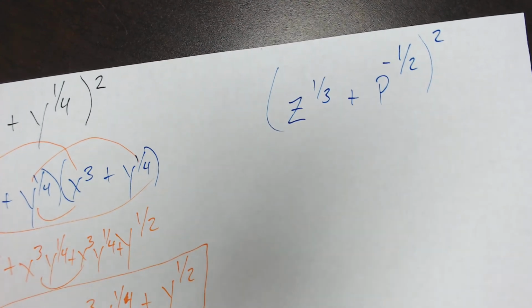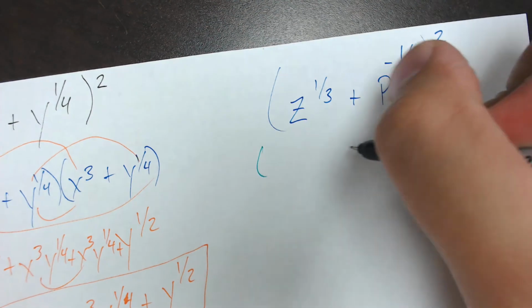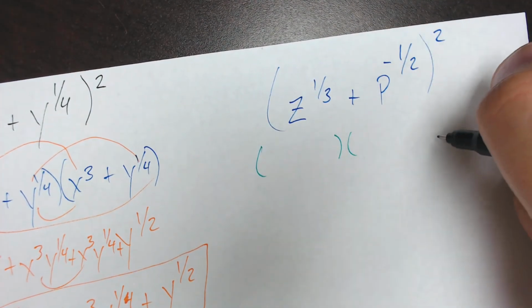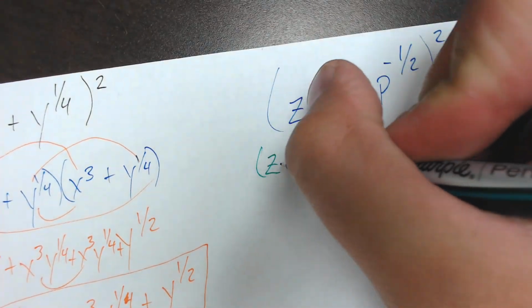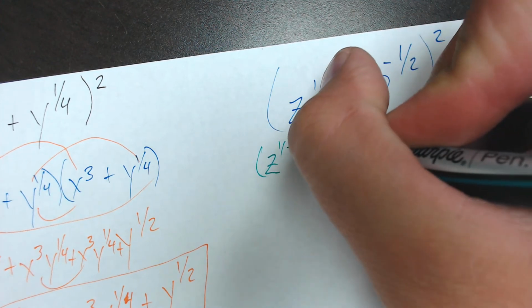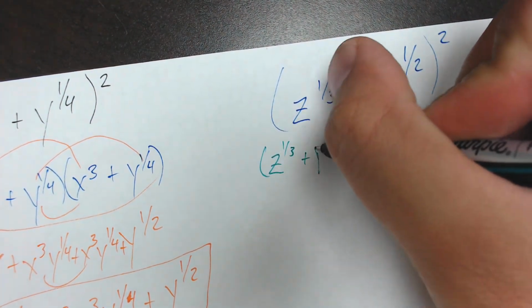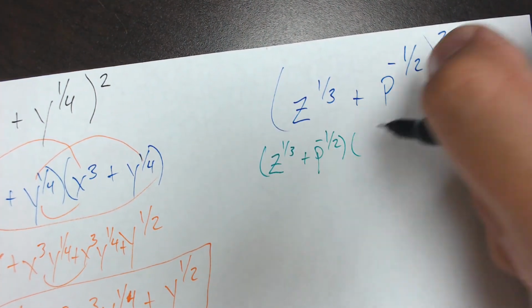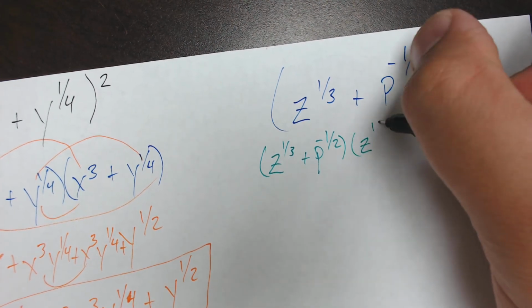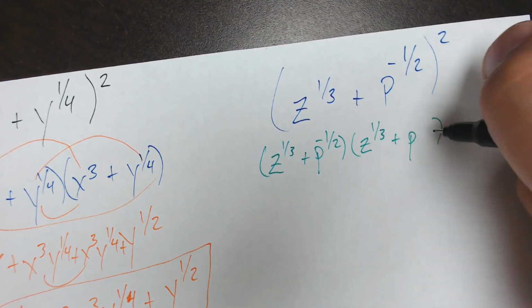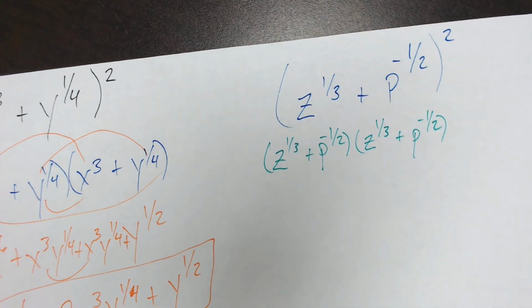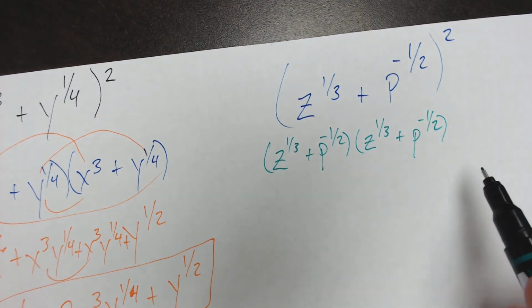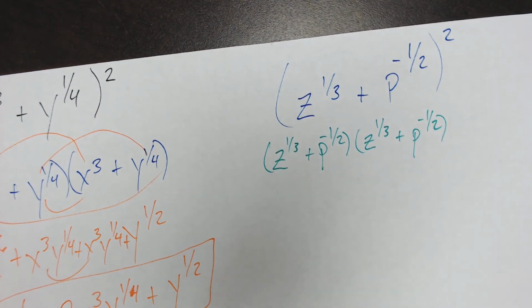So again, I've got to expand this by writing it out twice. z to the 1/3 plus p to the negative 1/2, z to the 1/3 plus p to the negative 1/2. So I've written it out in expanded form, and now I'm going to FOIL it.